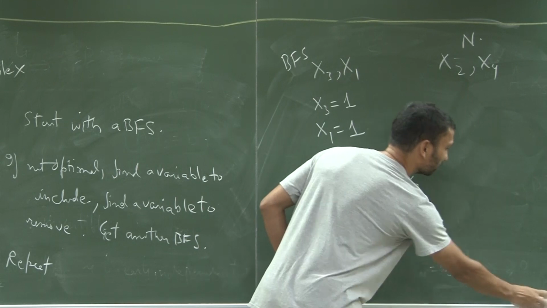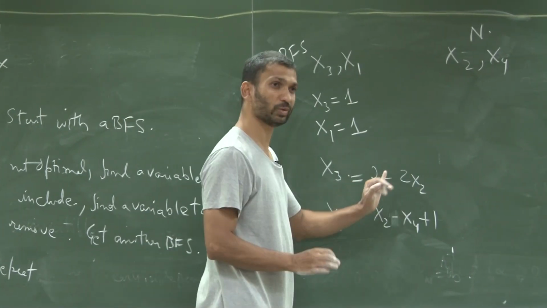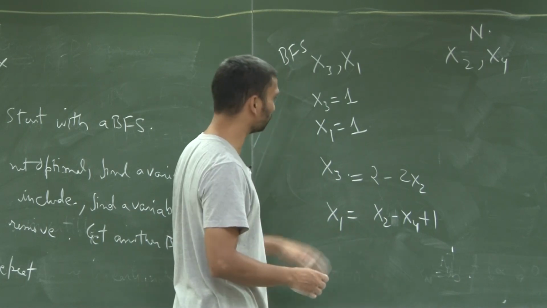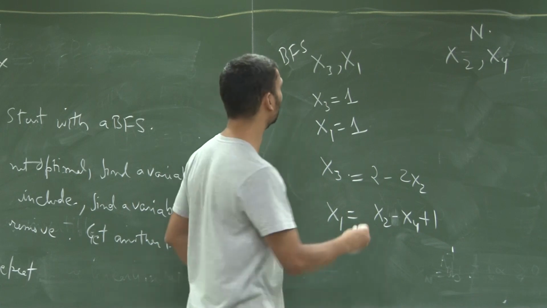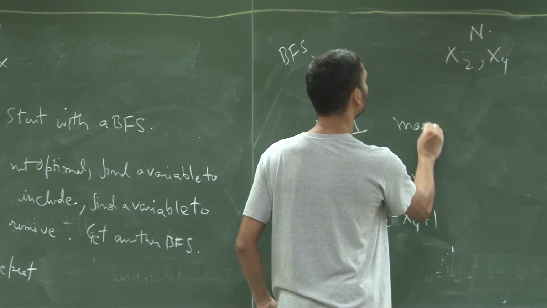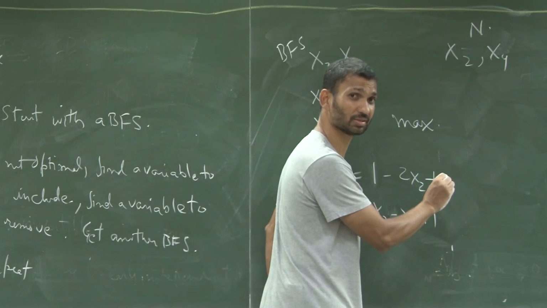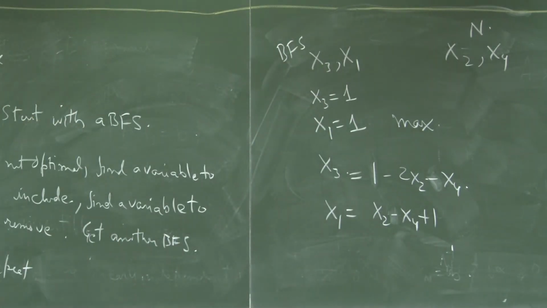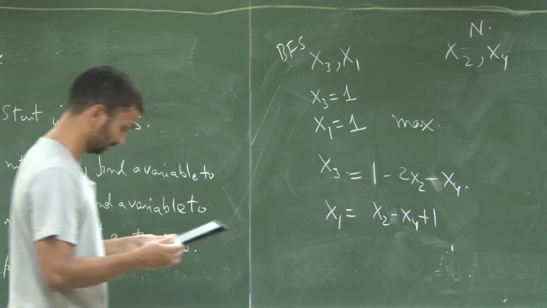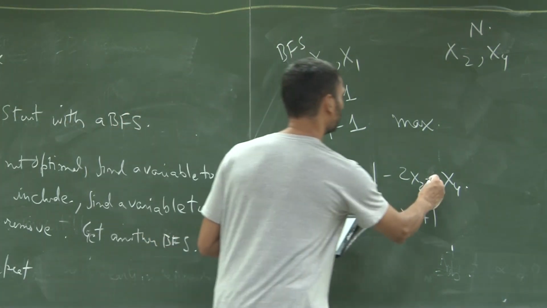I don't know why you are resistant to helping me out. Plus 2 minus 2 x2, that's all. Oh, there is no x1, no x4. Okay, and what am I maximizing? Plus, minus. I have to look at my calculations. Oh my God. x4. 1 minus 2 x2 plus x4.